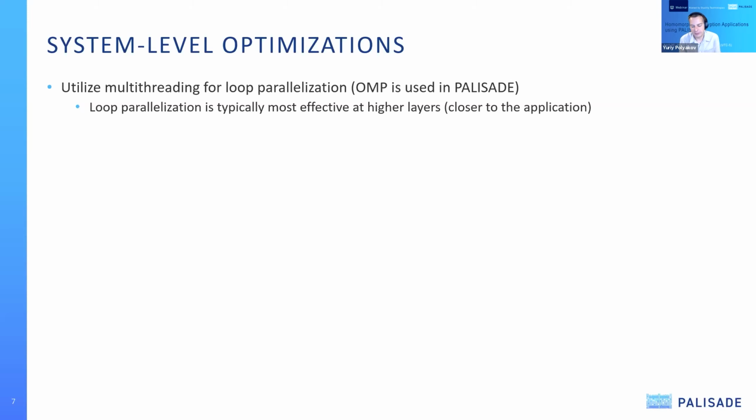Maybe I'll just add one minor comment: in addition to looking into automated compiler approaches, we also try to automate as much as possible some of the lower-level decisions in PALISADE. The usability of the PALISADE interface is very important for us. For instance, in the previous webinar, we talked about CKKS, and there are different flavors of CKKS. There is one where you have to do everything manually, and hypothetically you can get the best efficiency, but you need to be a subject matter expert, or use some automated compiler toolchain.